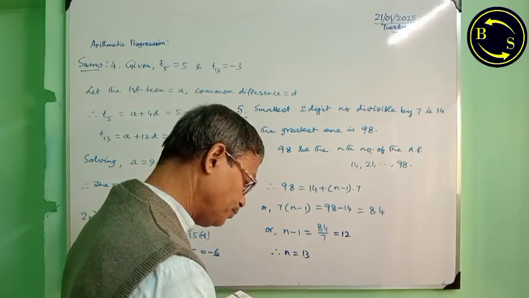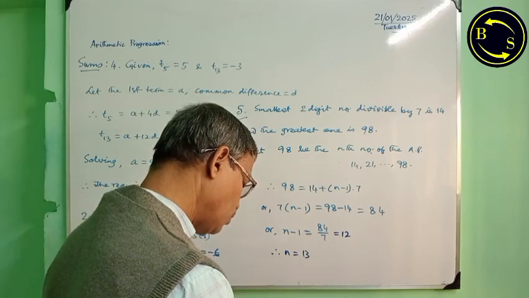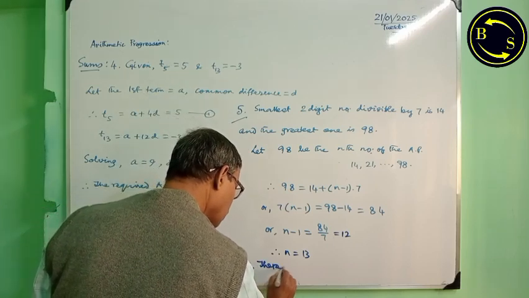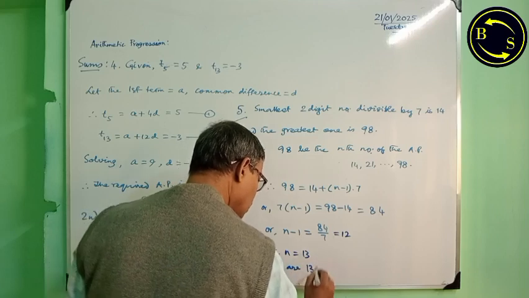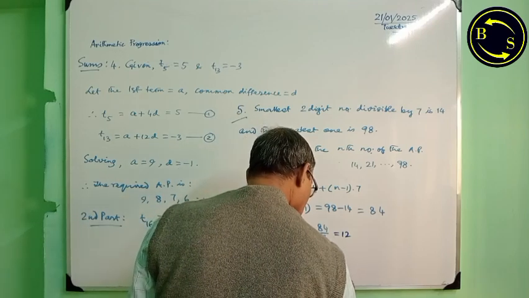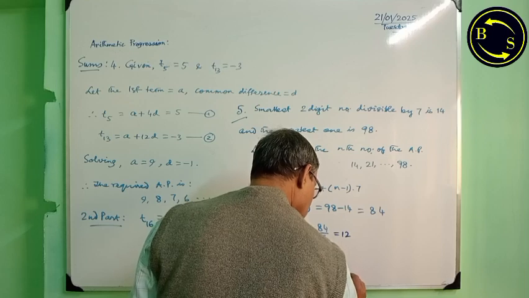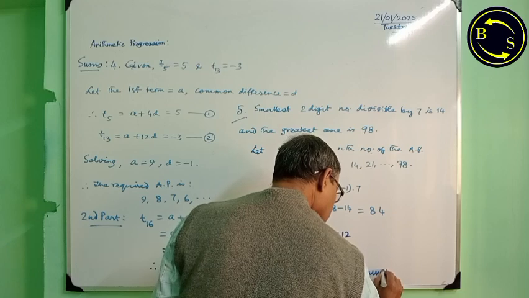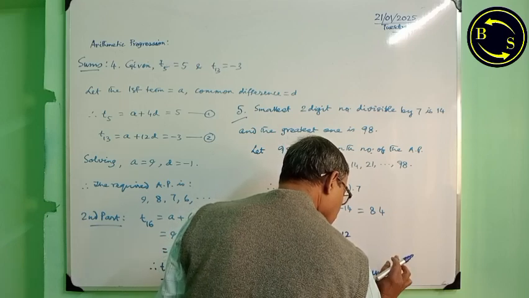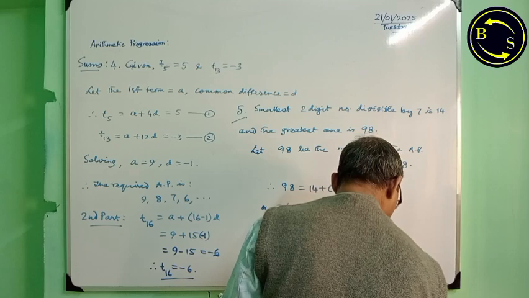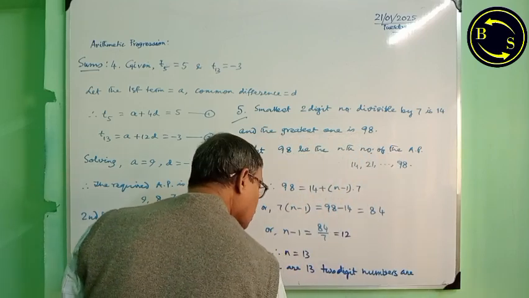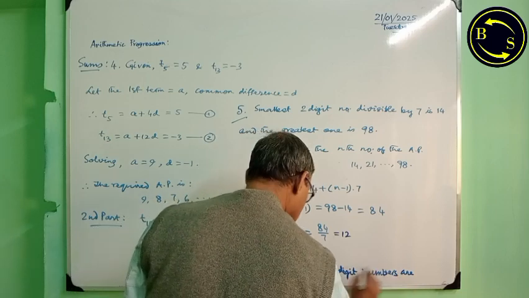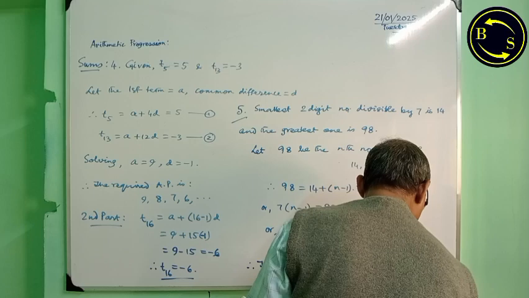Now the question was, how many two-digit numbers? Therefore, there are 13 two-digit numbers just divisible by 7.